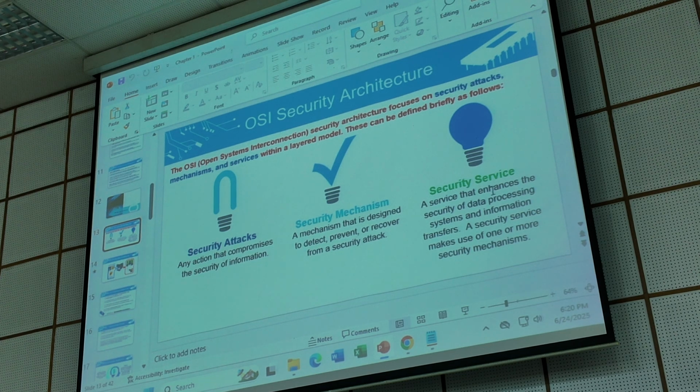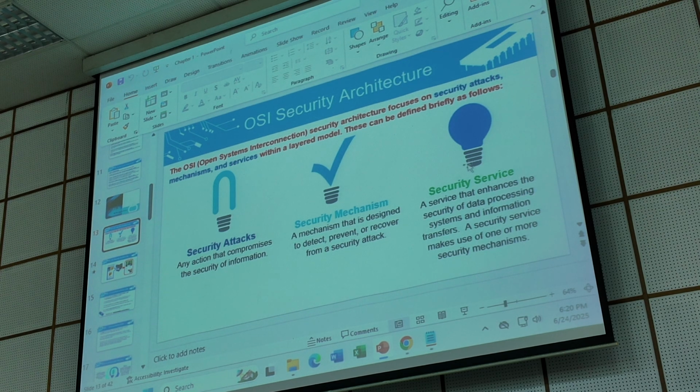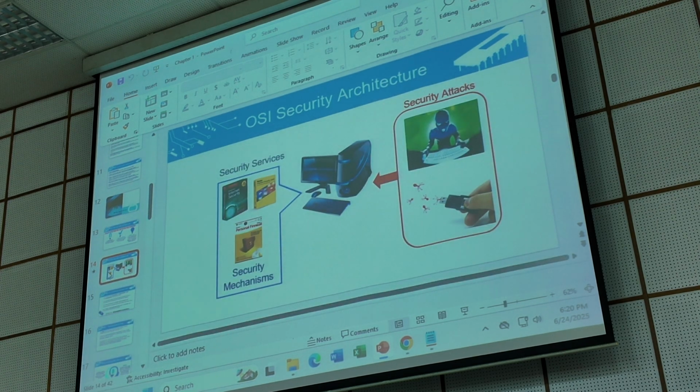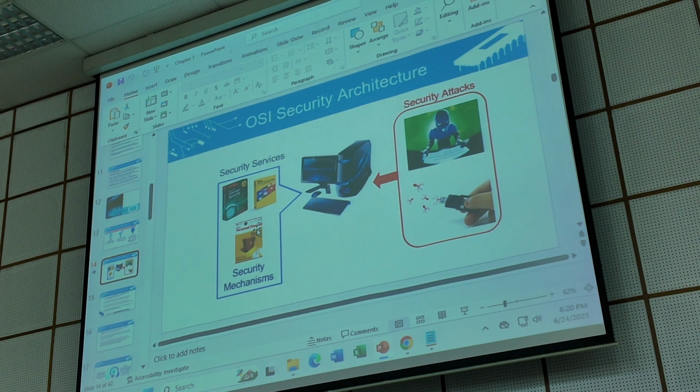So what's a security service? A security service enhances the security of data processing systems and information transfer. Later on I will explain this. So you can see from here, the bad guy is under the category security attack. And the security services and security mechanisms are used to prevent or to detect the attack.